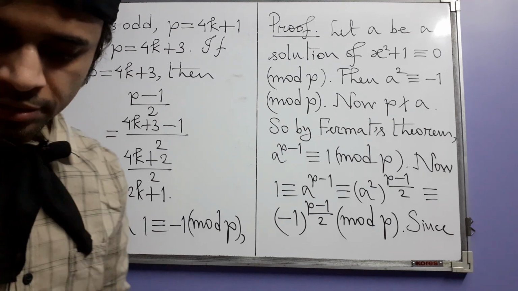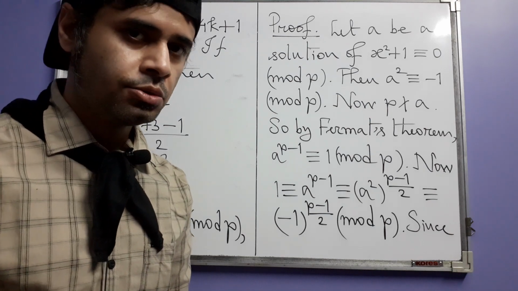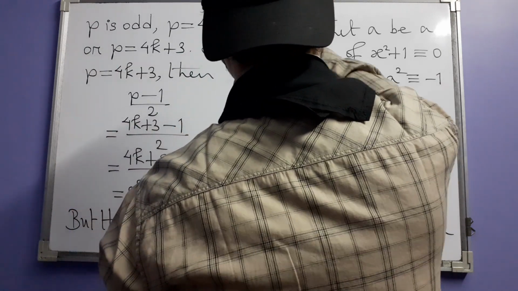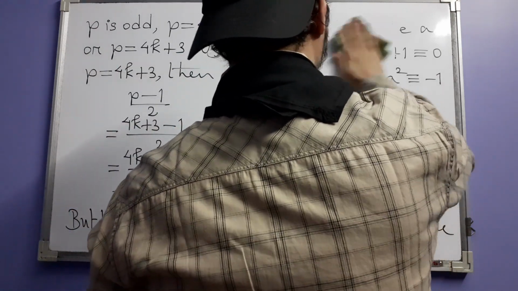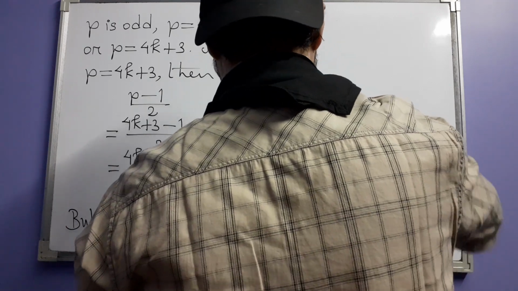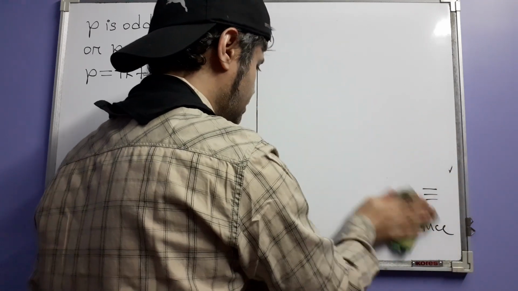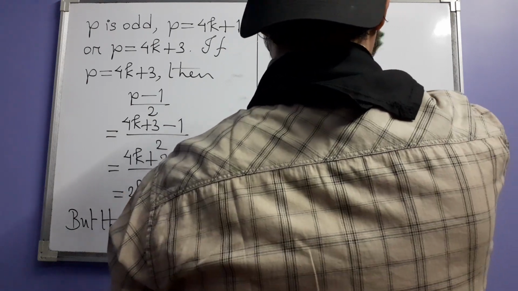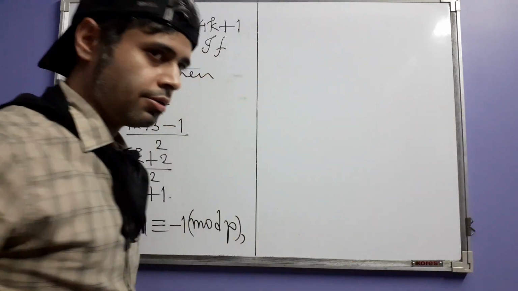Or p has to divide 2. That however is not possible, because p is an odd prime, so p is greater than or equal to 3. So how can it divide 2? There is only one prime which can divide 2, which is 2 itself.